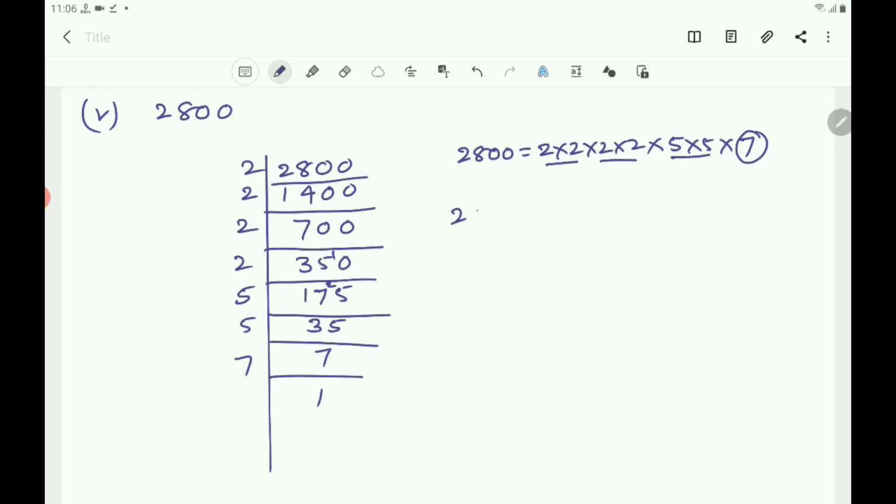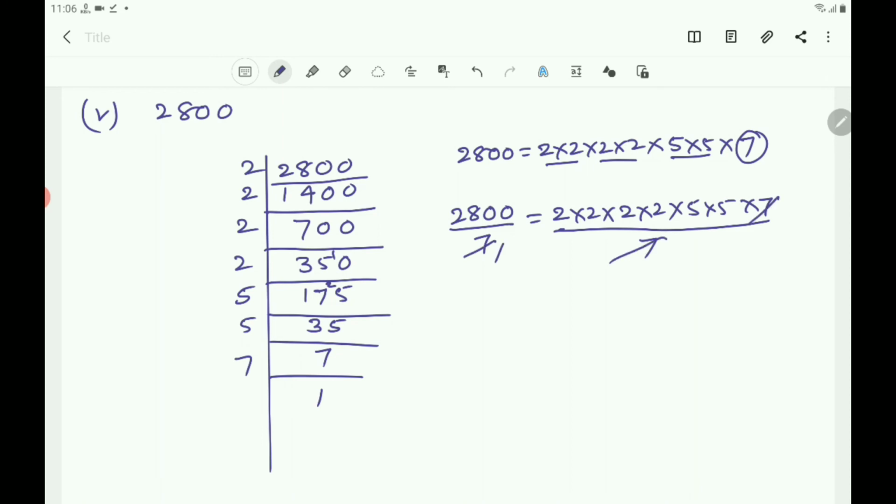So you divide 2800 by 7, and also 2 into 2 into 2 into 2 into 5 into 5 into 7 divided by 7, and 7 cancels. So 7 4s are 28, that is 400 equals, what is remaining here? 2 into 2 into 2 into 2 into 5 into 5.